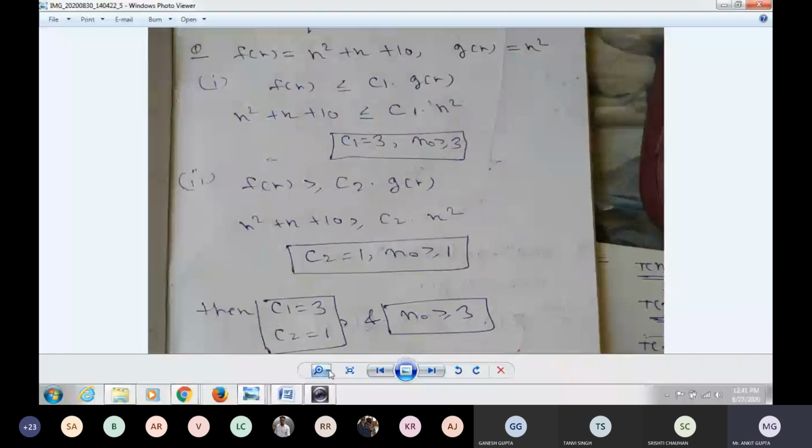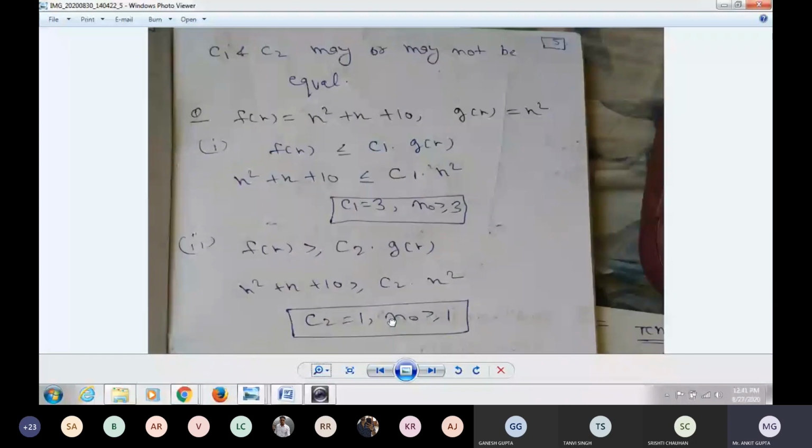So suppose f of n is n square plus n plus 10, and g of n is n square. In that case, first I have to satisfy one notation, big omega or big O. Suppose f of n is less than or equal to c1 into g of n; then I have to find the value of c1 and the value of n naught.